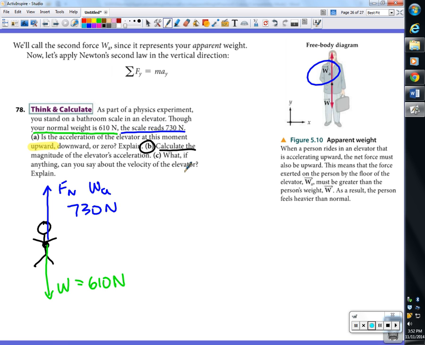Part B says calculate the magnitude of the elevator's acceleration. So it wants to know how much the elevator is accelerating. If there's acceleration, we know that we can use Newton's second law. This free body diagram we can use to set up this equation.